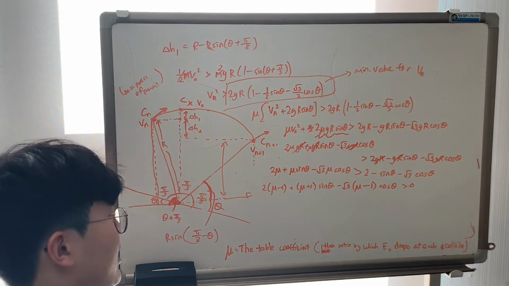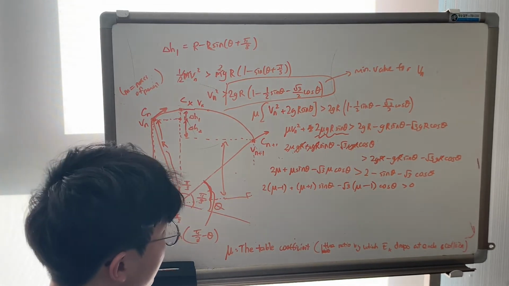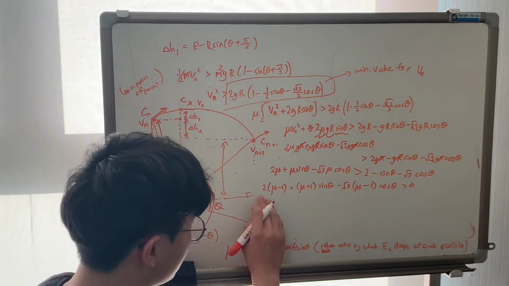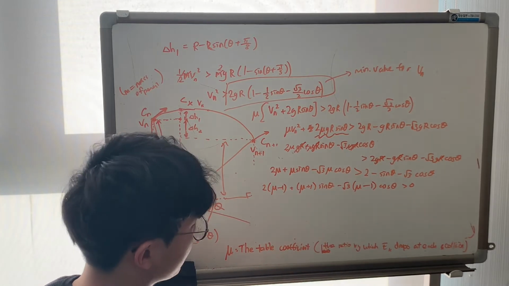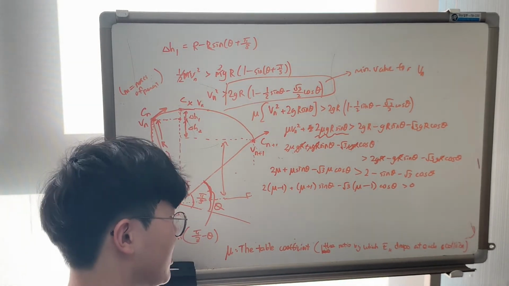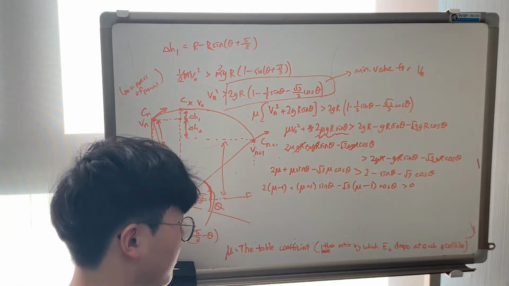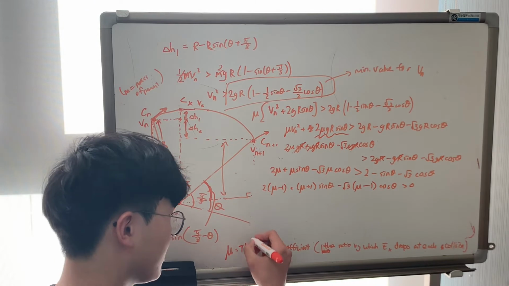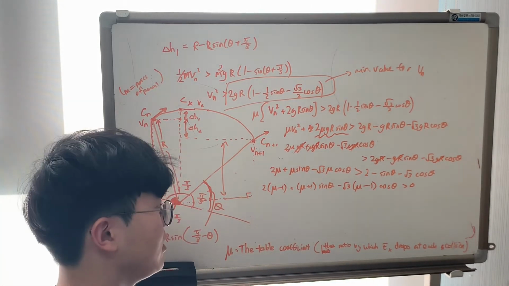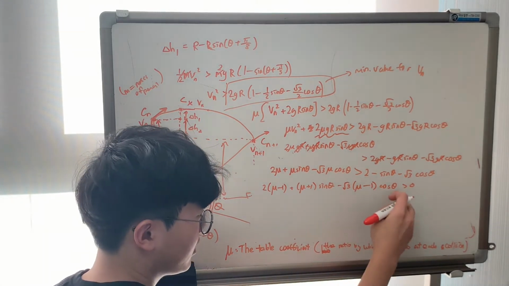And now we get a really interesting property, and we get a really interesting inequality. Because we have two like terms, mu minus 1, I want to divide both sides of the equation by mu minus 1. But we know that when we divide both sides of the equation by a negative number, the sign changes.